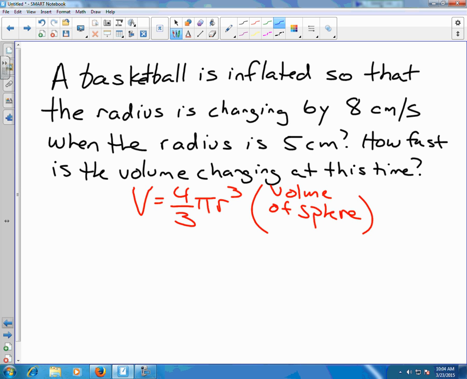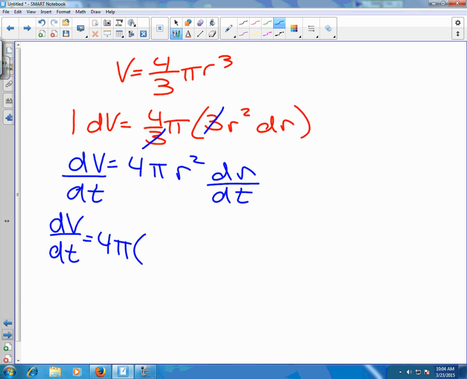In this case, dr over dt is how fast the radius is changing, and this is just r. So what we get is 5 centimeters squared times 8 centimeters per second.